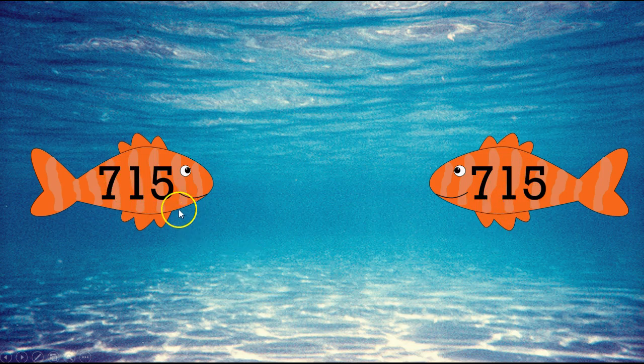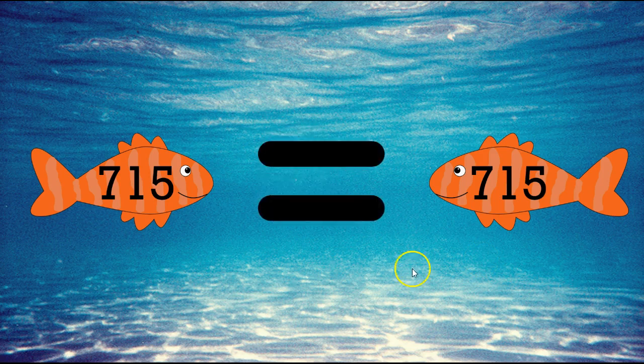Then I looked at the ones, and they both have 5 ones. So which one is greater? All right. They are equal because they are both the same number. This is 715. This is also 715. So they are equal.